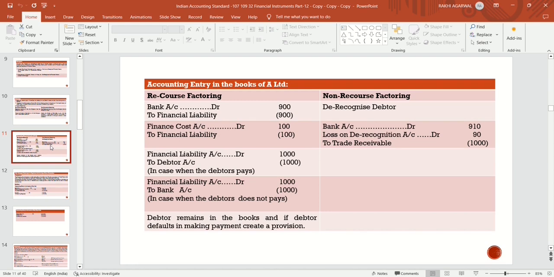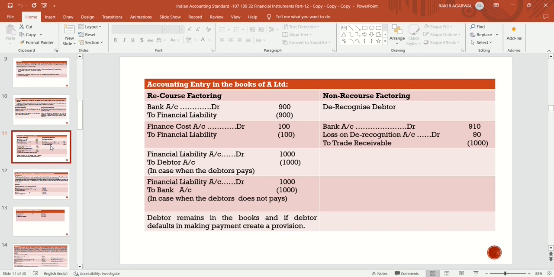So the entry will be: bank account debit by 900 to financial liability in the books of A Limited, because it has discounted that debtor with the bank. And that 100 rupees is treated as a finance cost, because it has been paid to the bank as bill discounting charges. So finance cost account debit by 100 rupees to financial liability.